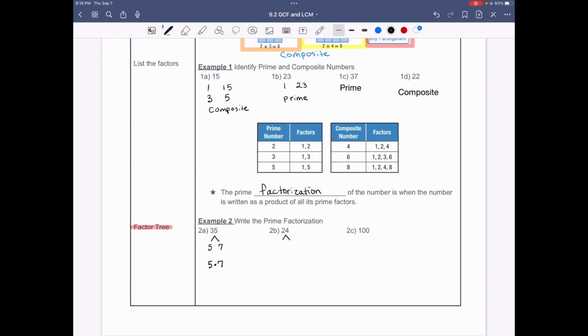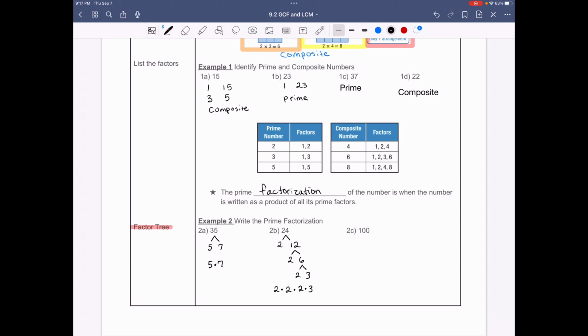For 24, I can multiply 12 and 2 to get 24. Then 12, I can factor further as 2 and 6. And I can factor 6 further as 2 and 3. Now I'm finished, and so all of my factors are 2, 2, 2, and 3.